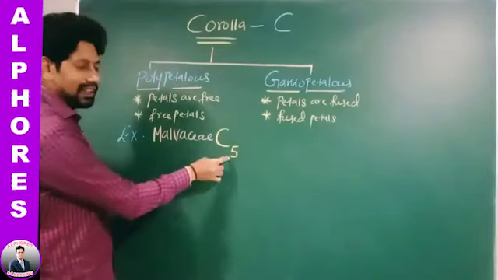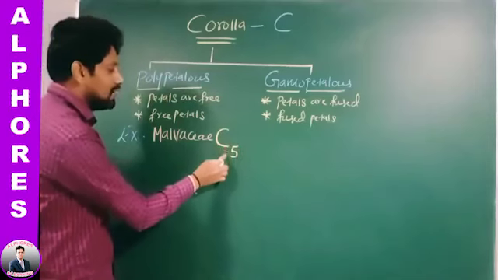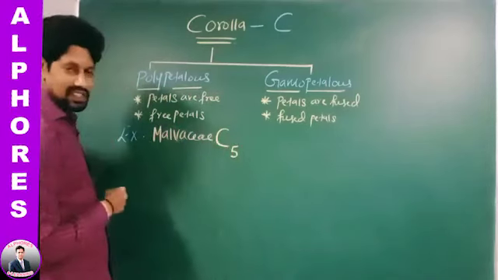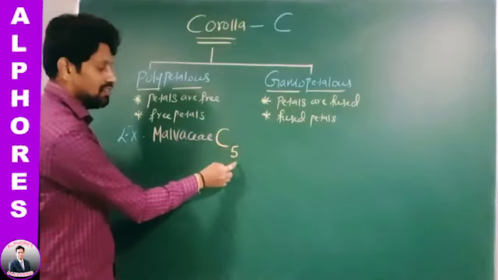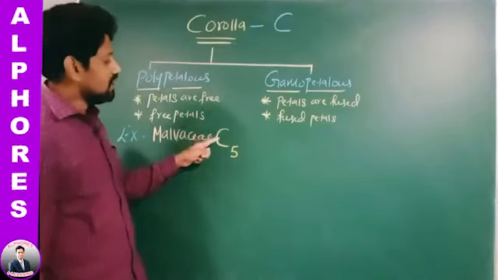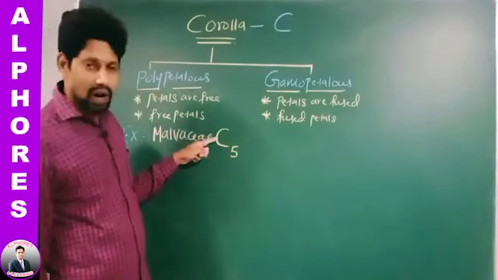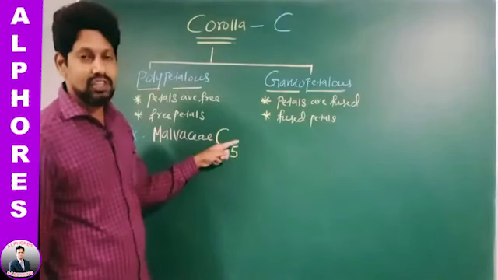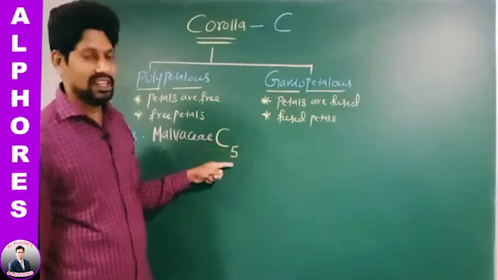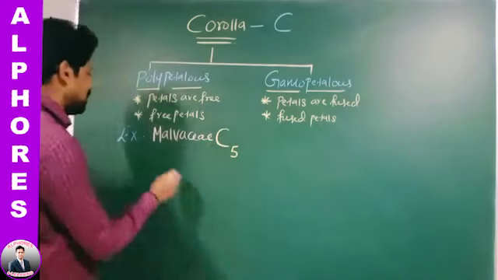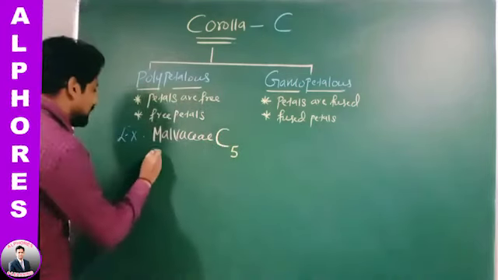These 5 petals are free, so I am not keeping the 5 inside brackets. Therefore, C5 indicates a corolla with 5 petals which are free. How do we know they are free? Because they are not inside the bracket. Now let us go to the second example.